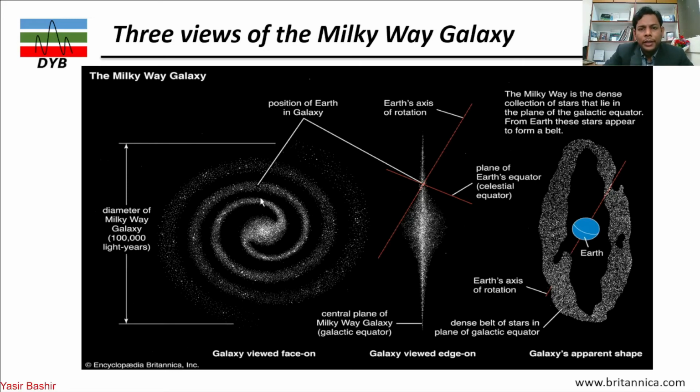When we look at the axis of this galaxy, if we plot the axis over here, it's like this. This is the Earth's equator, and this is the plane of rotation of the Earth's axis. So this is a 3D view of the Milky Way galaxy, how it looks.